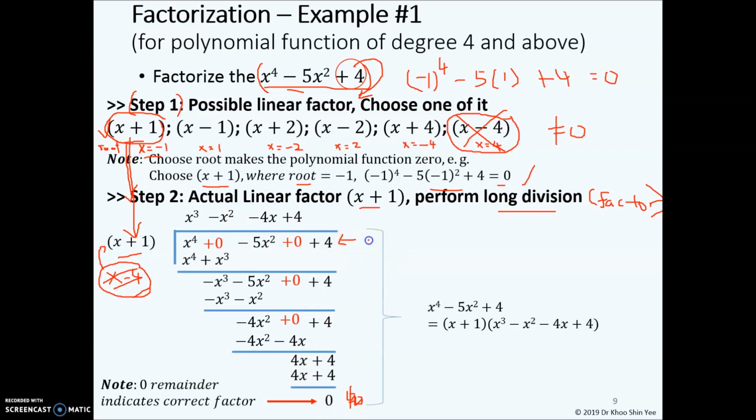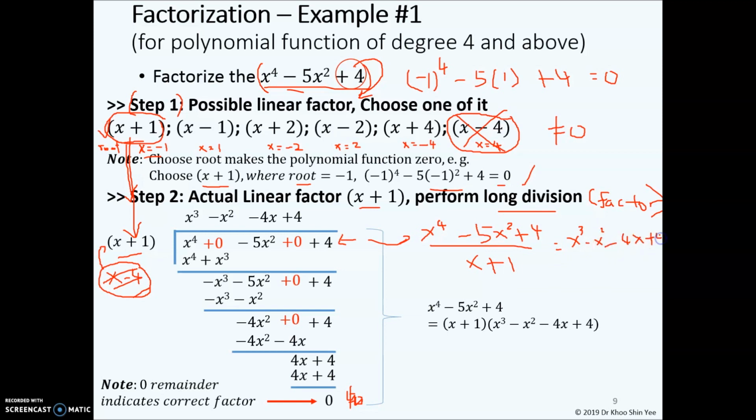From here, basically what you are doing is you take x to the power of 4 minus 5x squared plus 4, and then you divide it by the linear factor x plus 1. Then what you get is x to the power of 3 minus x squared minus 4x plus 4.